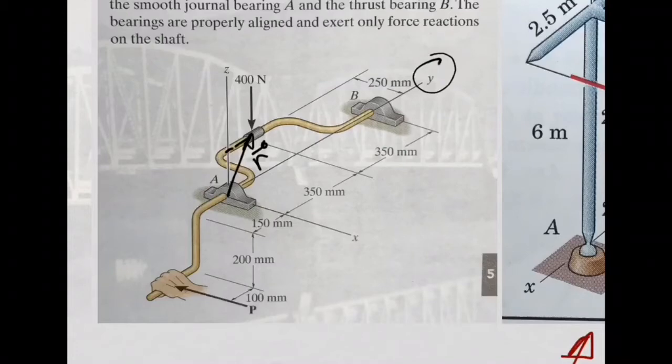Now I need to know the y component. For the y component, you need to decompose this vector in the y direction. So you get this component here, which has the same direction as our y-axis, isn't it?